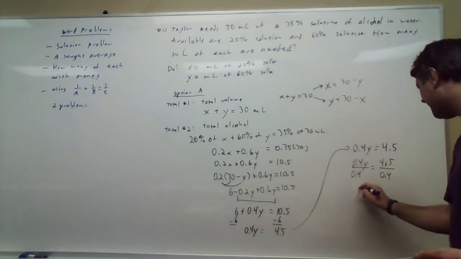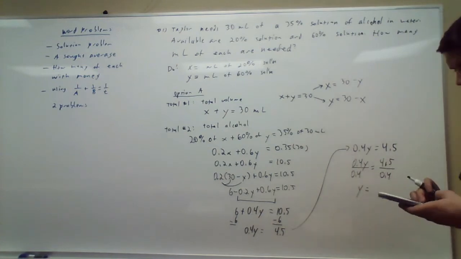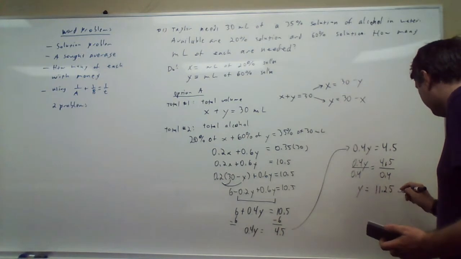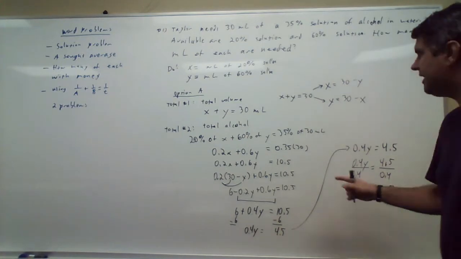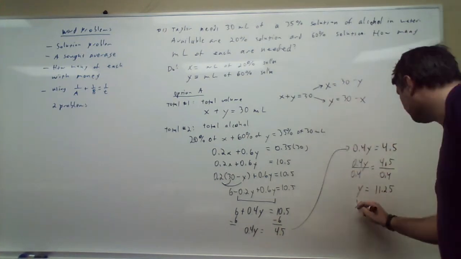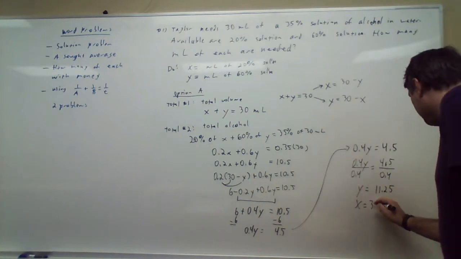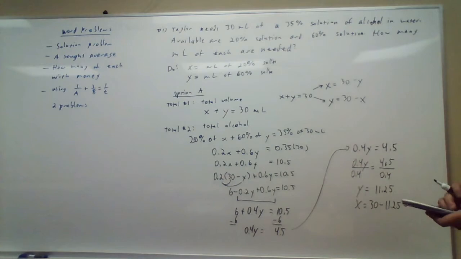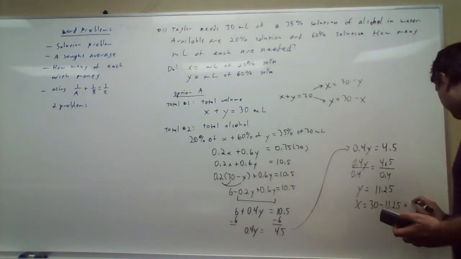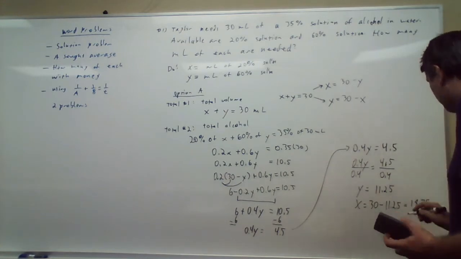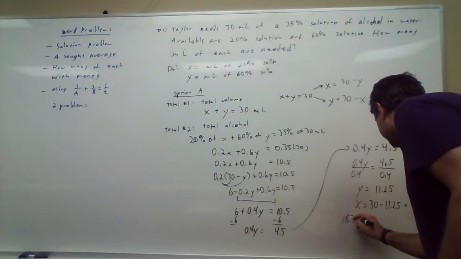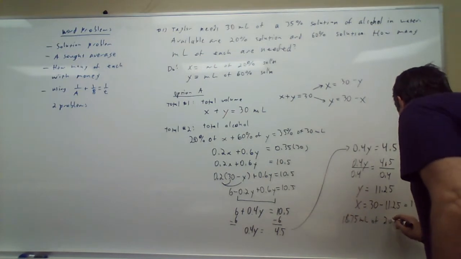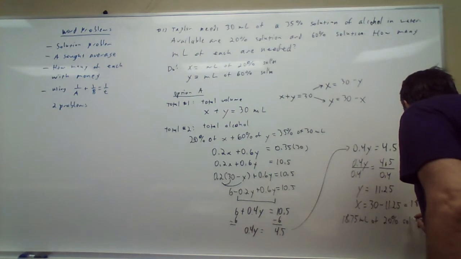Okay, so Y equals 4.5 divided by 0.4, that is 11.25. Okay, so X would equal 30 minus 11.25, which is 18.75. So we need 18.75 milliliters of 20% solution.